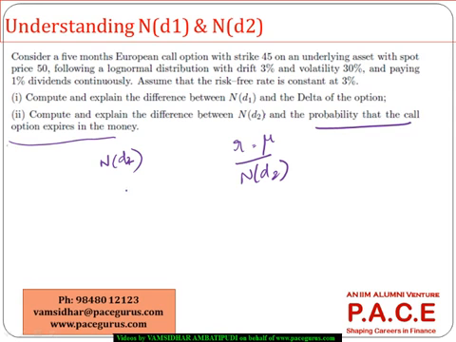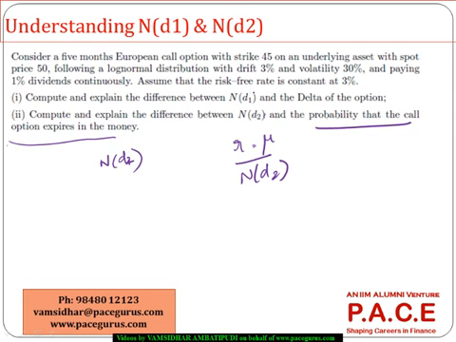Whereas when I'm looking at any other difference between the mu and R, mu equal to R is where I'm going with the risk neutral valuation itself. Whenever mu is equal to R, the probability that the call option expires in the money is the same as ND2.